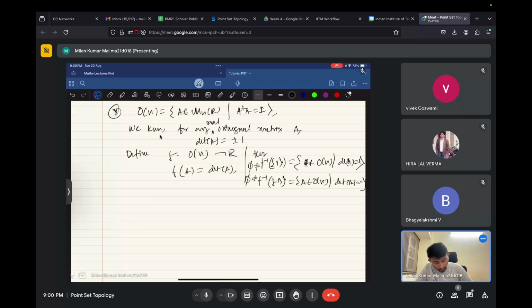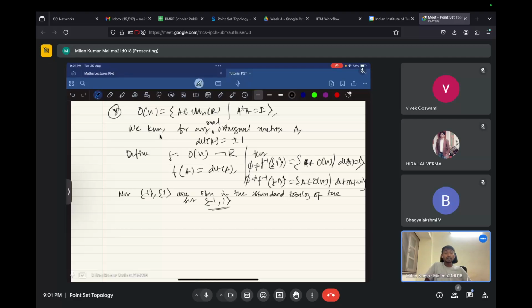That I'll just write. Now -1 and 1 are open in the standard topology of the set {-1, 1}.